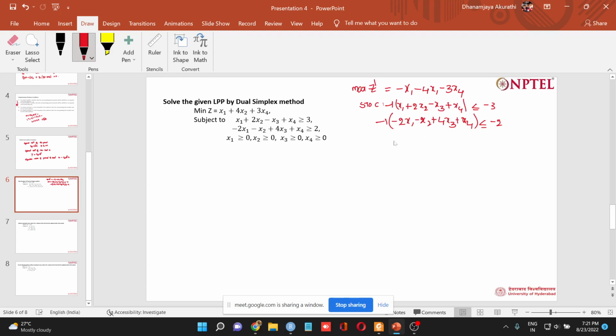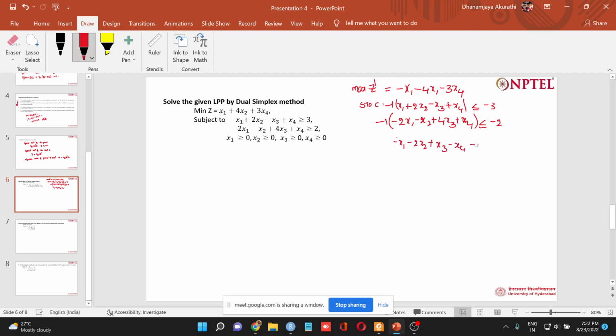After converting these constraints, we have to change these inequalities into equations. Here it is the less than or equal to sign, so we have to add or subtract a slack variable or surplus variable. Ma'am, add the slack variable. Okay.